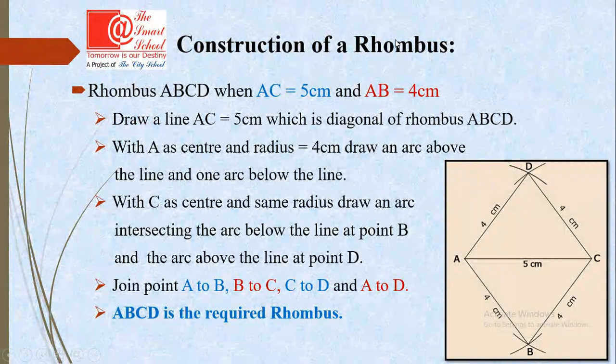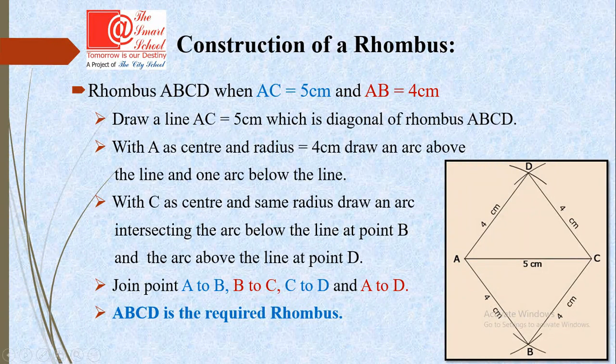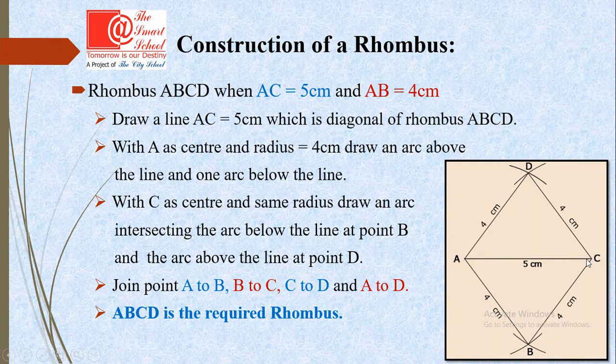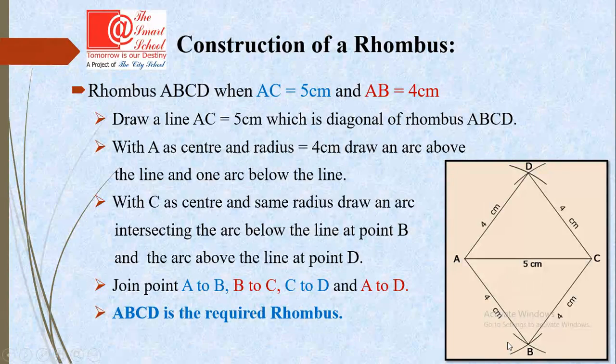Now construction of a rhombus. Rhombus ABCD, where AC is equal to 5 centimeter and AB is equal to 4 centimeter. Again AC is diagonal. So first we will draw this diagonal AC 5 centimeter. Then take your compass, open it with 4 centimeter, and from A draw an arc above the line and one below the line.